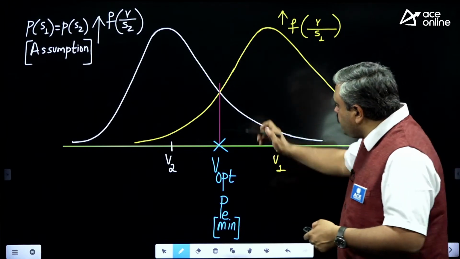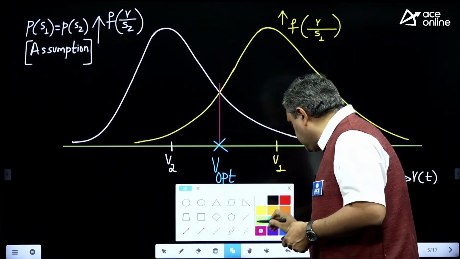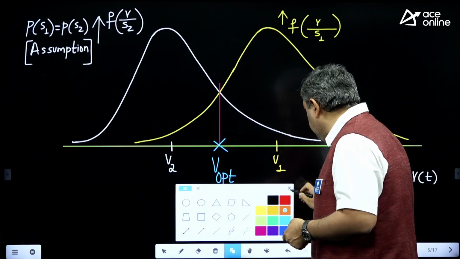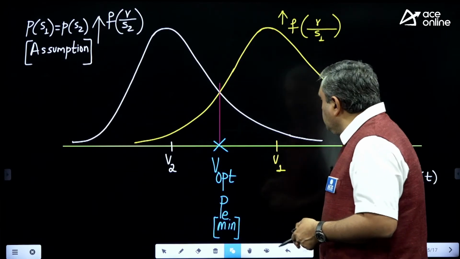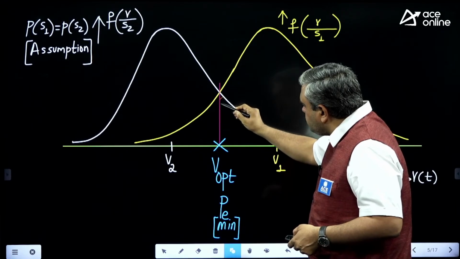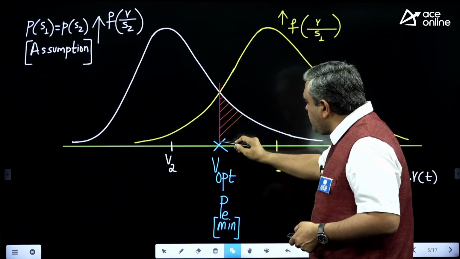Is it clear? So whenever you take your VOPT at this point, what is happening here? Just try to understand. Whenever your received voltage comes somewhere in this region, this is actually our white curve.